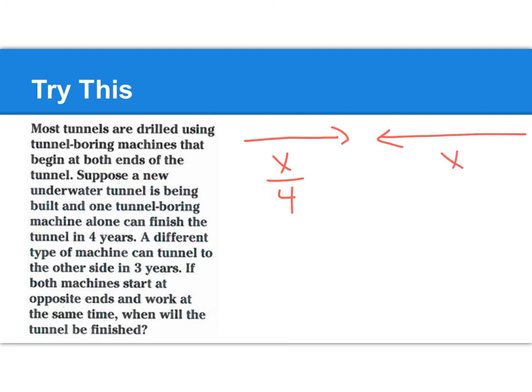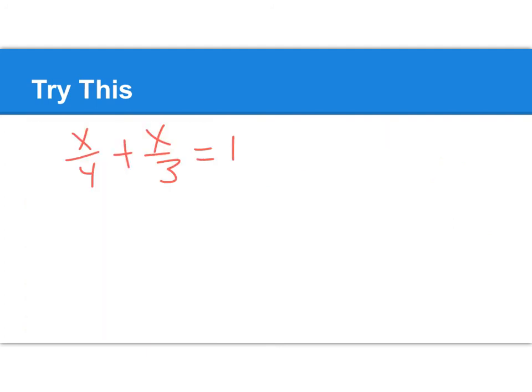On the other side, Machine B is doing 1/3 of the work in a year, and together they need to equal 1 tunnel. Since common denominators would be nice, or certainly getting rid of the fraction, let's see if there is a number that we can multiply everything by and get rid of all of the fractions.